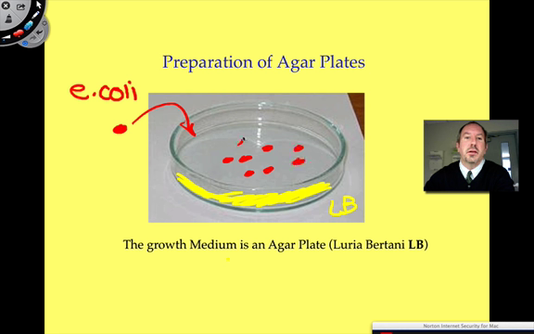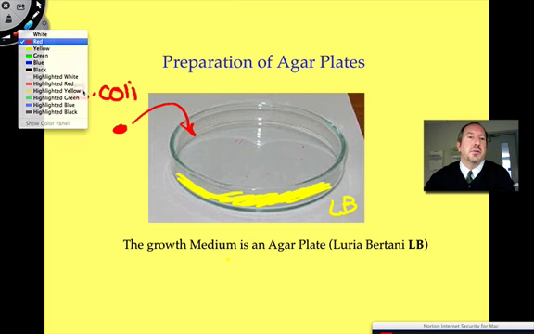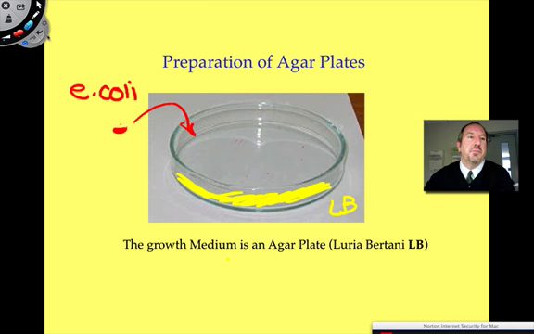You're like, okay, I can see that. But what would you say if we had some E. coli at the start? Where is this E. coli? Well, it's actually in a little tube like this. So it's a liquid like this.